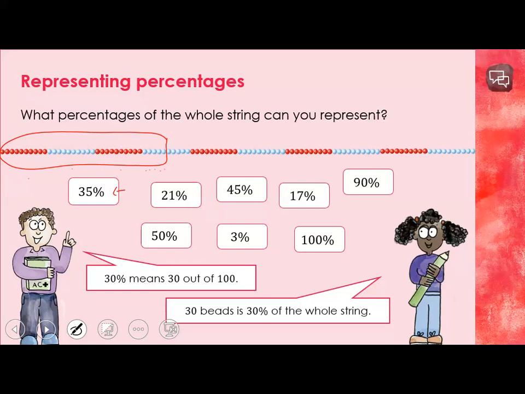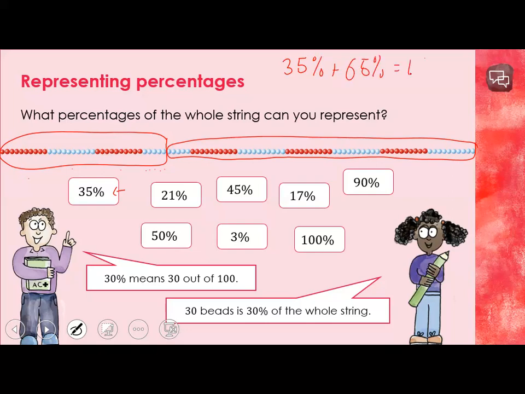Well, to find out, I would just count the rest. So I've got 10, 20, 30, 40, 50, 65, just like that. So 35%, which I highlighted first, add 65% equals 100%, doesn't it? 35 beads plus 65 beads equals 100 beads. When I'm talking about percentages, I know that I want everything to add up to 100. That's the whole lot, the whole beads, for example.